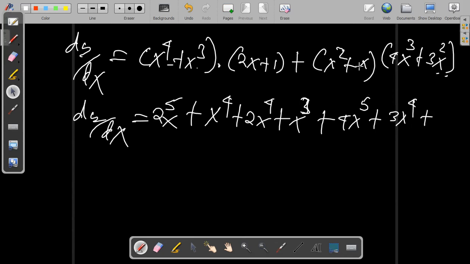Then plus, when you take x times 4x raised to power of cubic, it will give you 4x raised to power of 4. And when we take 3x squared times x, this will give you 3x cubic.